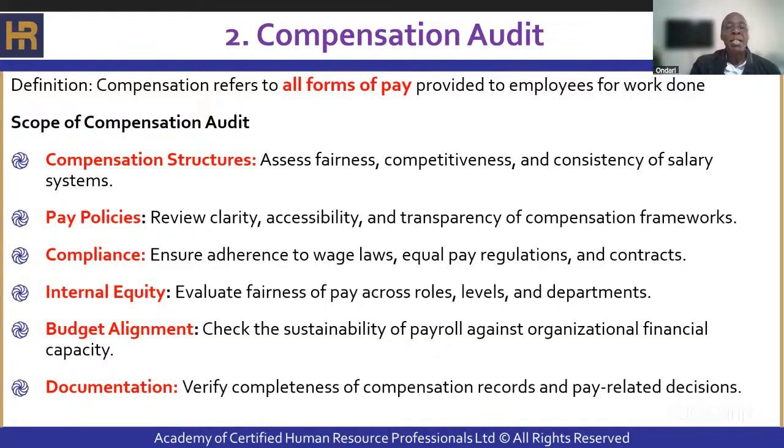People should be paid fairly for a fair day's work, meaning that compensation should be commensurate with the jobs performed. Competitiveness, that when you compare what employees are paid in this organization and the other, there are not many differences. And lastly, consistency of pay systems, that there should be no variations. Otherwise, it will be unfair payment and employees will go to court.